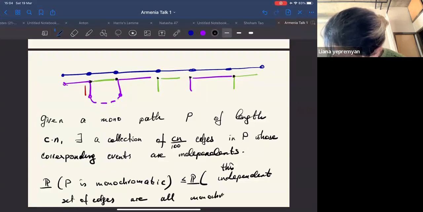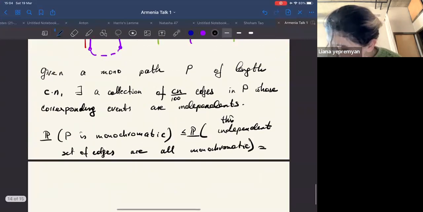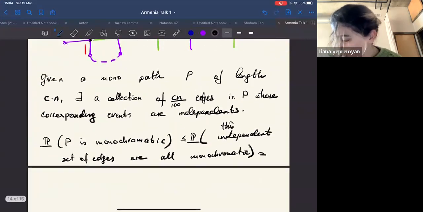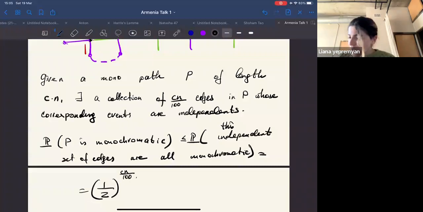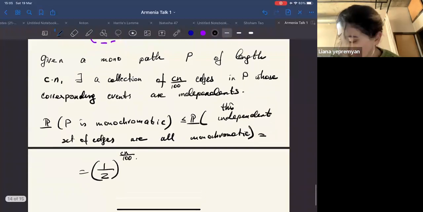The probability of that: each one was either colored blue, red, or red, blue. So I'm saying that exactly the order that I want happened. So it's 1/2 to the Cn over 100. But now this is huge because I can't take a union bound.